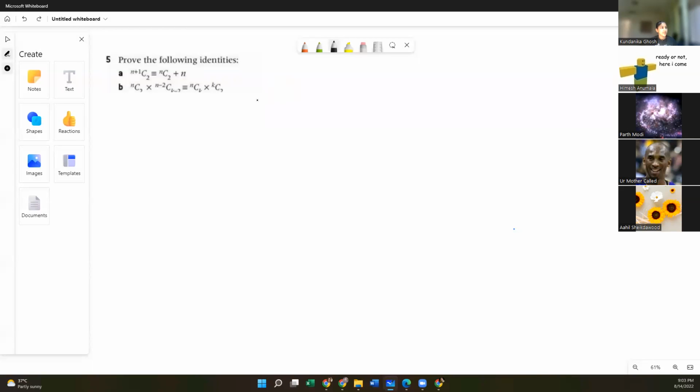All right, so I'll just start with the left-hand side. LHS, again, shorthand for left-hand side.